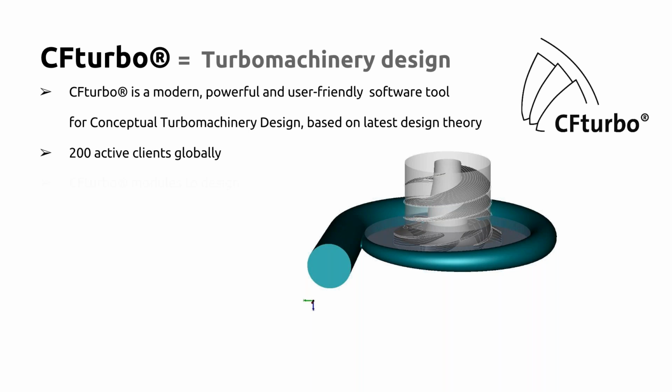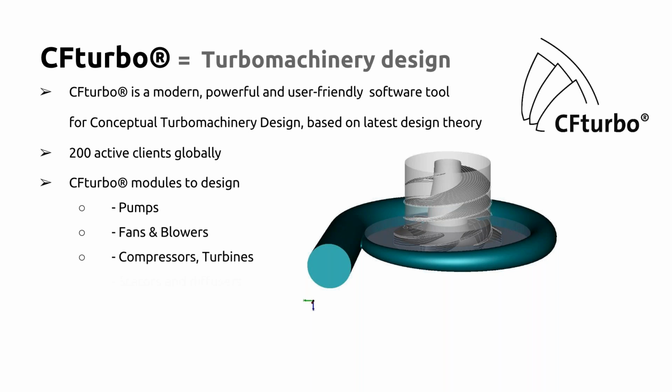Right now we have more than 200 active clients globally. CFturbo is organized in different modules, so you can choose from pump modules, fans and blower modules, compressor and turbine modules, and of course stators and diffusers, and stators can also be vaned.